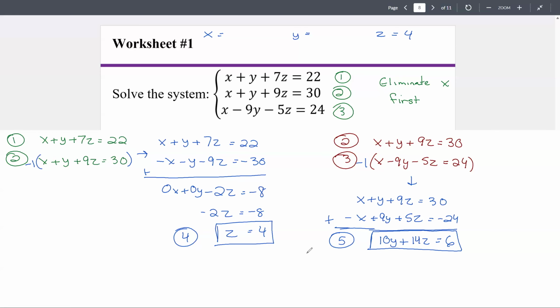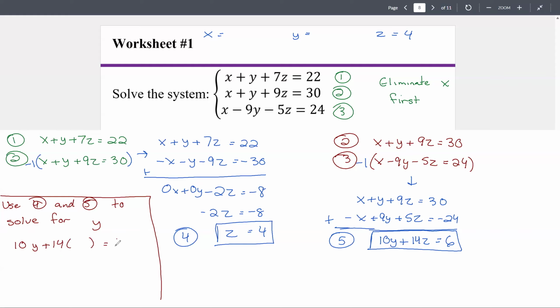I just want, at this point, to make a little room here. We're going to use 4 and 5 to solve for y now, because that's what I can do. So I know that I got 10y plus 14z, and z we said is 4, so that's 14 times 4 equals 6.